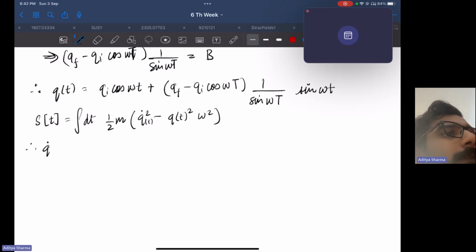Therefore, we need to find q dot of t, which is minus omega cos.